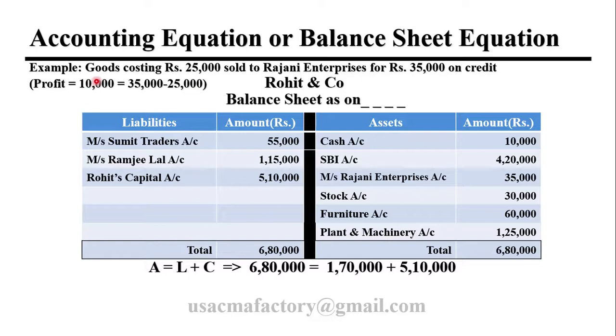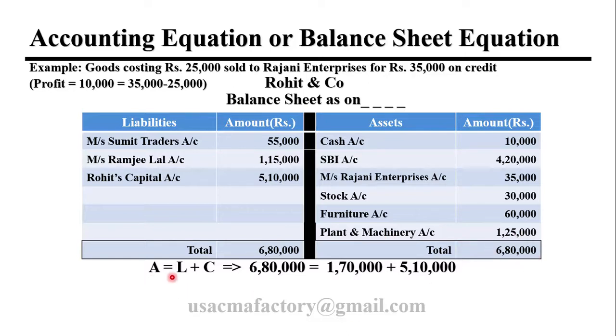This profit is the owner's money, so it should be added to Rohit's capital. Earlier it was 5 lakhs, now 5 lakhs 10,000. Now these two items, 55,000 and 1 lakh 15,000, together 1 lakh 70,000, are external liabilities, and 5 lakhs 10,000 is owner's capital, and the total on the asset side is 6 lakhs 80,000.